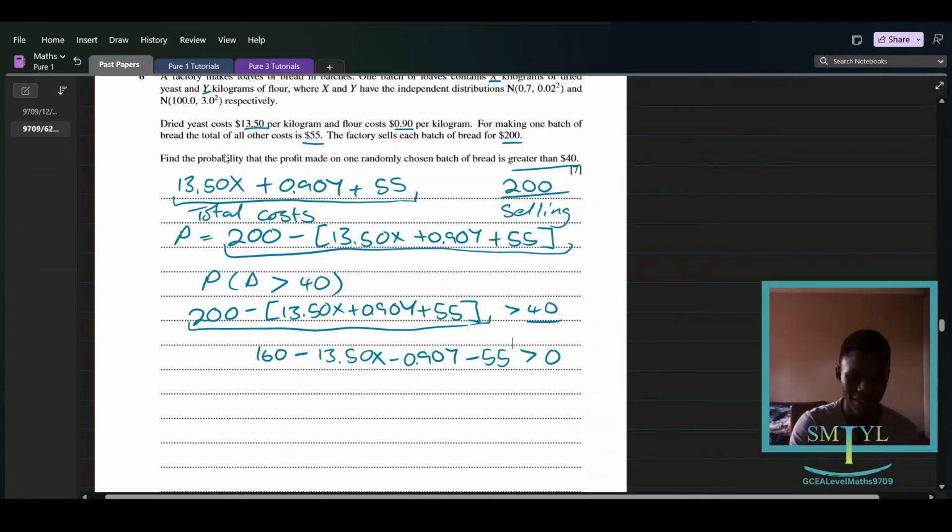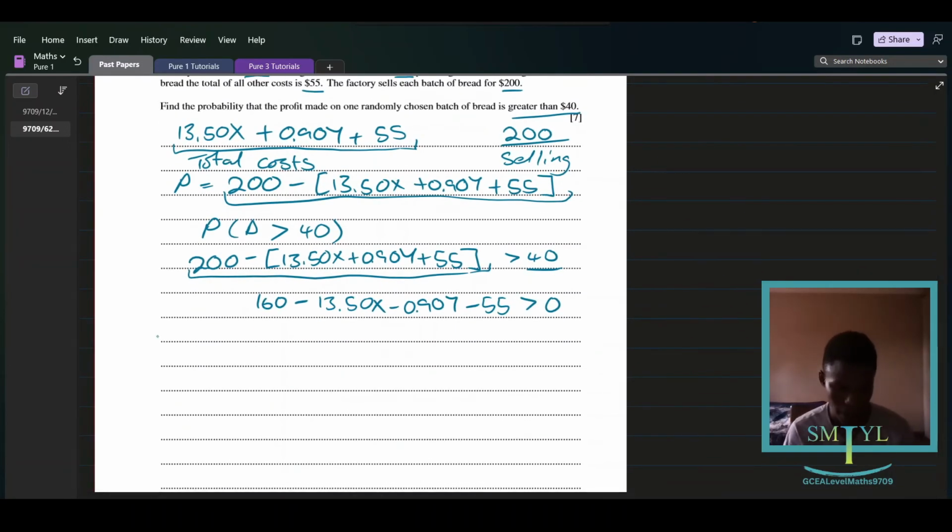To make our lives simpler, we're going to rewrite this whole expression as W. So W is equal to 160 minus 13.50x minus 0.90y minus 55. So what we're looking for is the probability that W is greater than 0.